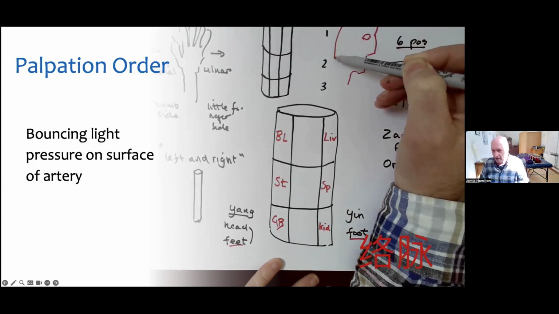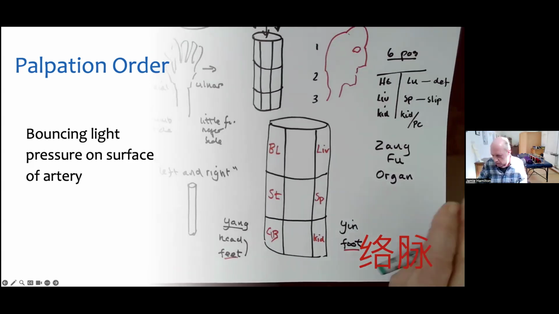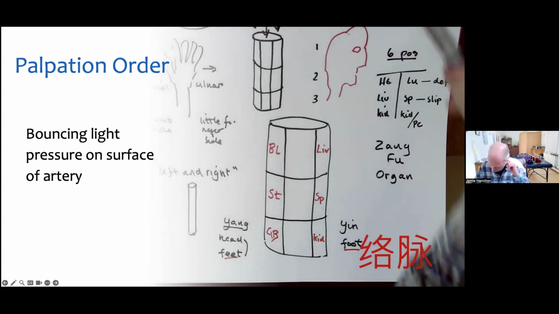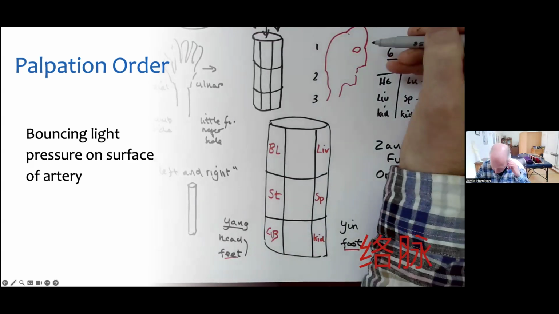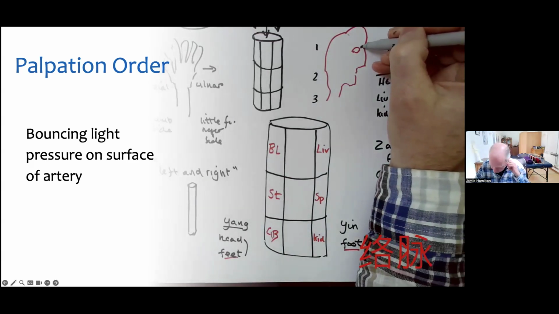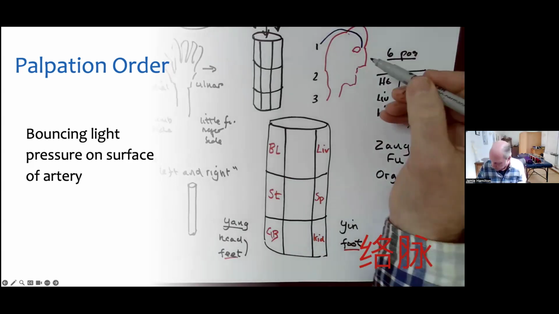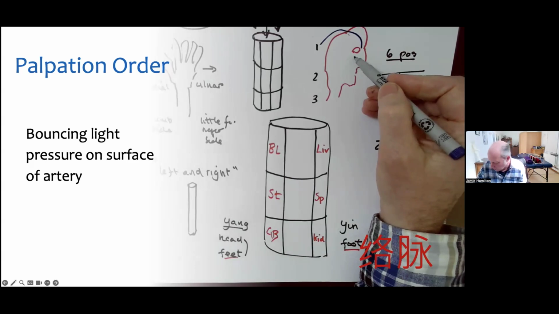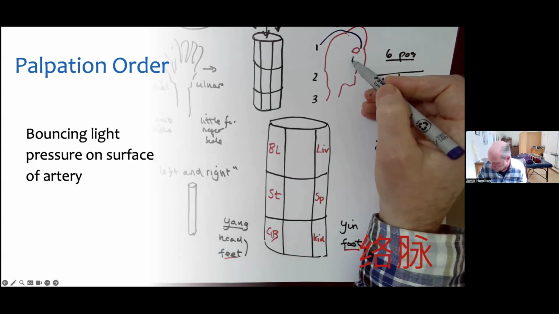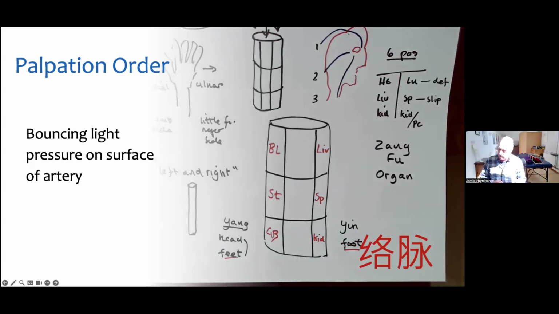Theoretically, you've got the bladder channel coming out of the eye going upwards, so bladder is actually quite high. And you've got stomach. Well, it doesn't quite work. Stomach's going out there and gallbladder's there, so that's not quite right either. But there's some sort of meaning here. Maybe it doesn't map 100%.